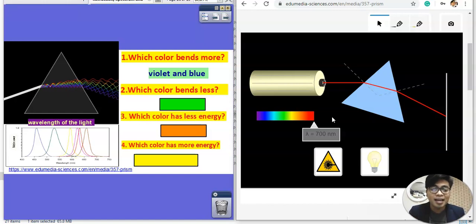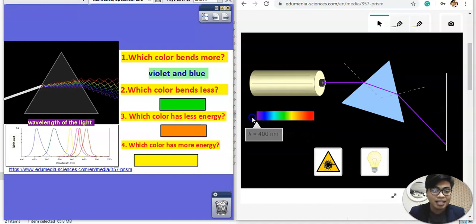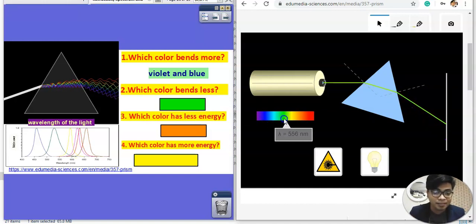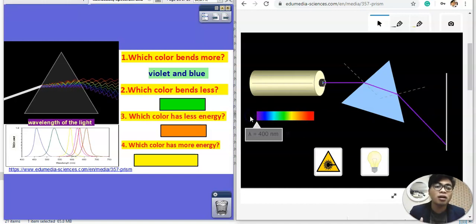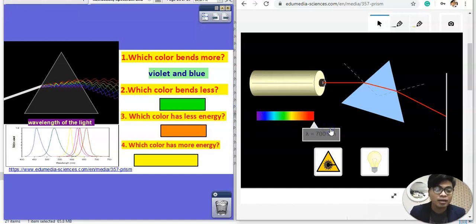Again, the shorter the wavelength, the more energy it has, and the longer the wavelength, the less energy. So the more bending there is, the more energy there is. It is stronger and carries a lot of energy, while the weaker one has a longer wavelength.